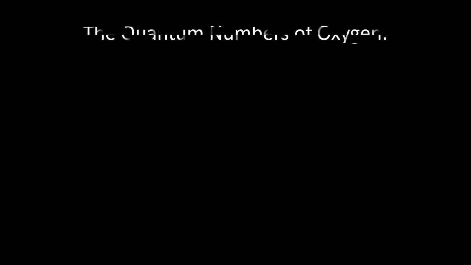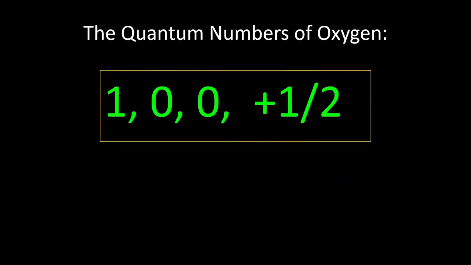So the quantum numbers for hydrogen are 1, 0, 0, and positive 1/2. No other element has this quantum number, it's only this element. Is this clear? Section Zircon. Section Emerald, sorry.